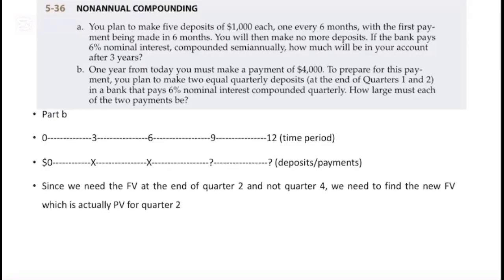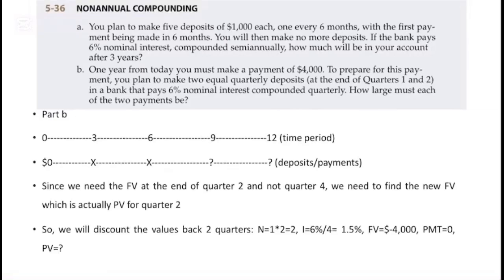Since we need to find the future value at the end of quarter 2 and not quarter 4, we need to find the new future value, which is actually the present value for quarter 2. So the future value given here is $4,000, but we need to find a new future value, which will be the present value for quarter 2. So we will discount the values back 2 quarters. Here we will find the adjusted N and I. For N, we will multiply 1 by 2, since the payment is 1 year from today, and there are 2 quarters for which we need to find the present value.